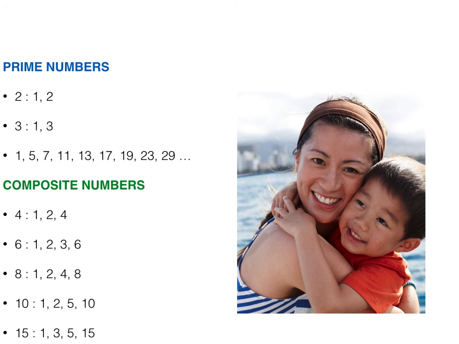So example ng mga prime numbers, 1, 5, 7, 11, 13, 17, etc. While example nga ng mga composite numbers, yung mga binigay natin kaninang example, are 4, 6, 8, 10, 15, and so on and so forth.